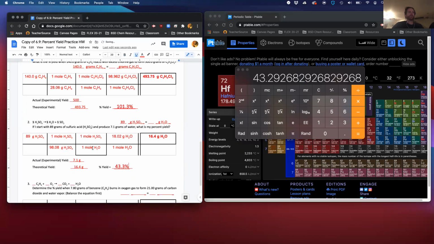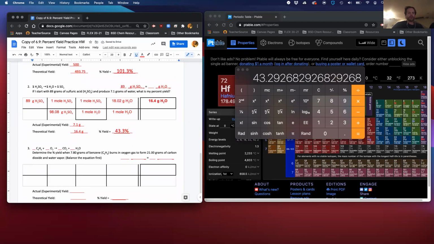All right, cool. Last one, you got to do a little balancing of your own here. I got a 2 here, a 15 here, my goodness, a 12 here, and a 6 here. So what is the percent yield when I start with 7.8 grams of benzene and I form 21 grams of carbon dioxide and an unspecified amount of water vapor.